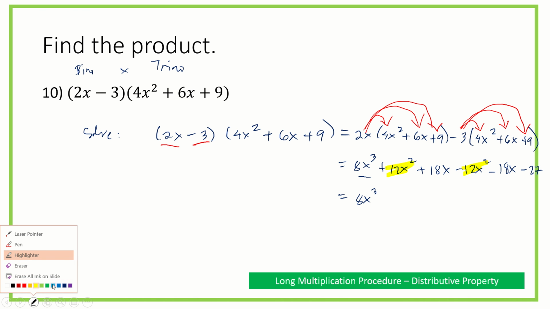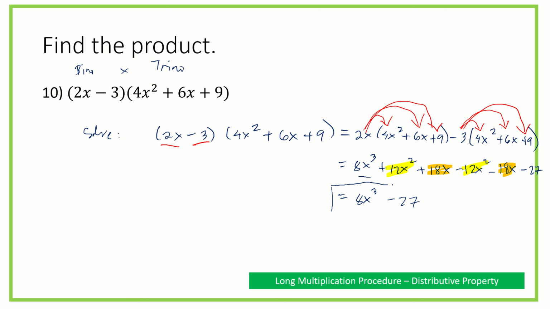Next, you will notice also that 18x and negative 18x are like terms because they have the same literal coefficient x. And 18 minus 18 is just a 0. So that means what we have here would be 8x cubed minus 27 only. And that is our answer.